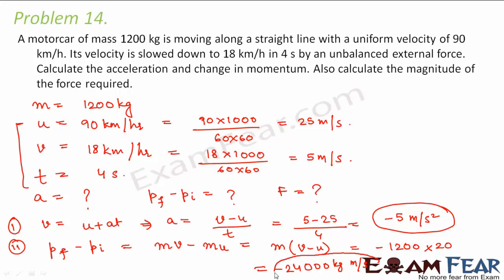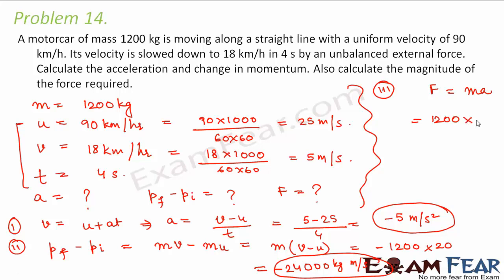So this would be the change in momentum, and then we have to calculate the magnitude of force. So force is nothing but mass into acceleration, which is 1200 into acceleration, that is minus 5 meter per second square, which comes out to be minus 6000 newtons. The negative sign again shows the same thing, that the force is in a direction opposite to the direction of the motor car's motion.